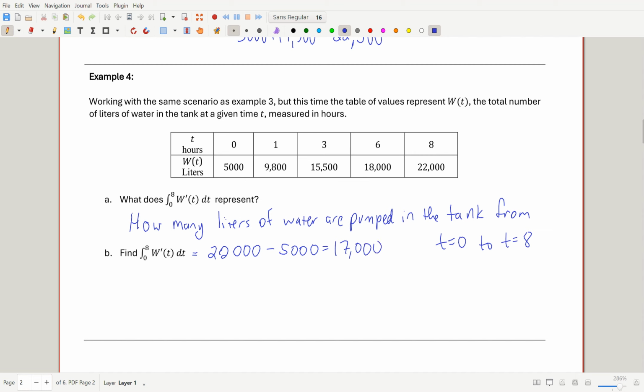But what's really going on here is we just used the fundamental theorem of calculus. Because the fundamental theorem of calculus says that this integral is the antiderivative of w prime, which is w, evaluated at the higher number minus that same antiderivative, which we just happen to have, at the lower number.